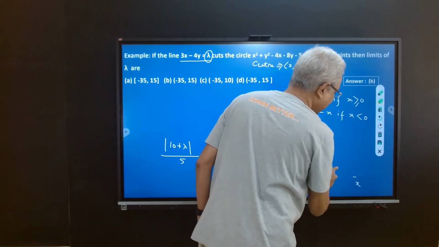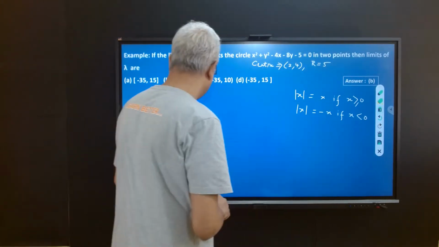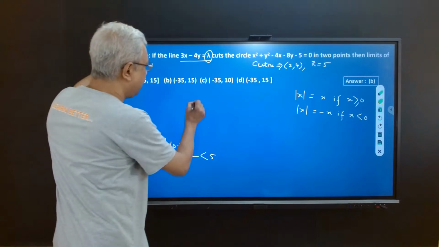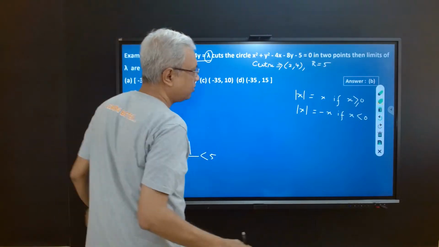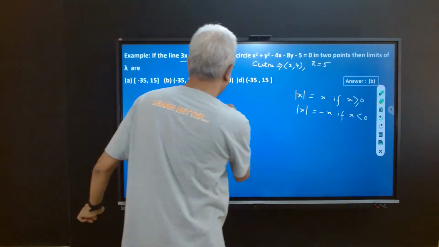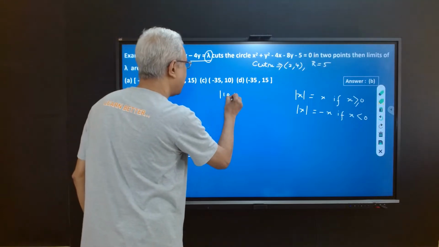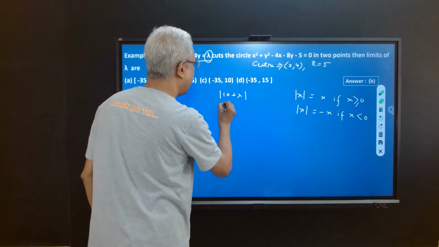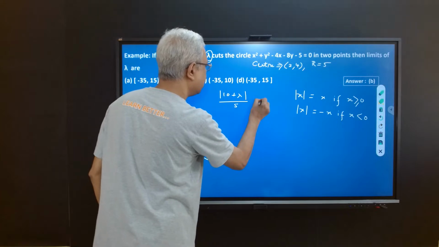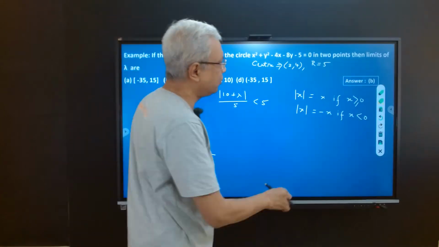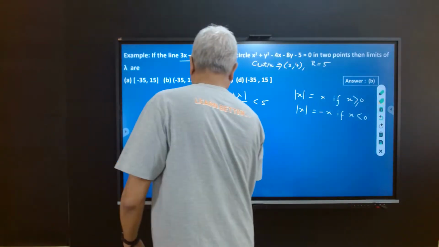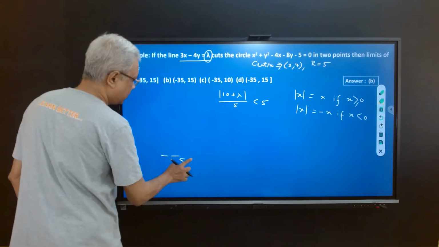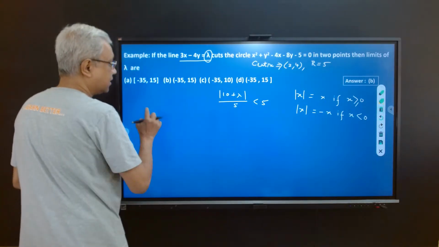Here lies the criticality of the problem. So our given condition, what we have derived, is mod 10 plus lambda by 5 is less than 5. This is basic geometry, class 10 geometry. The distance should be less than the radius, not equal to.